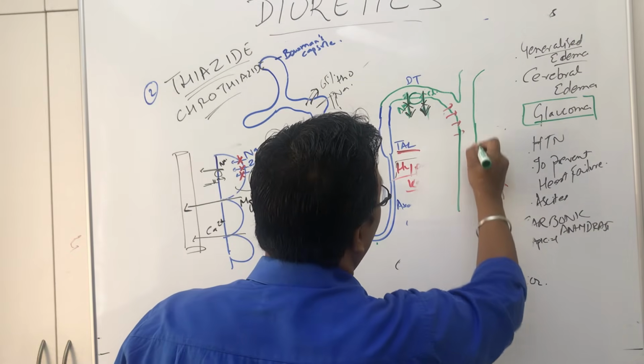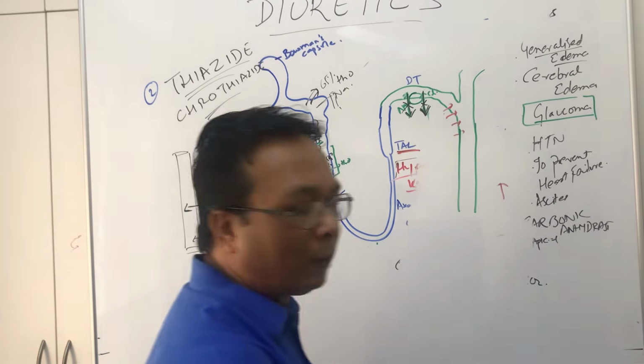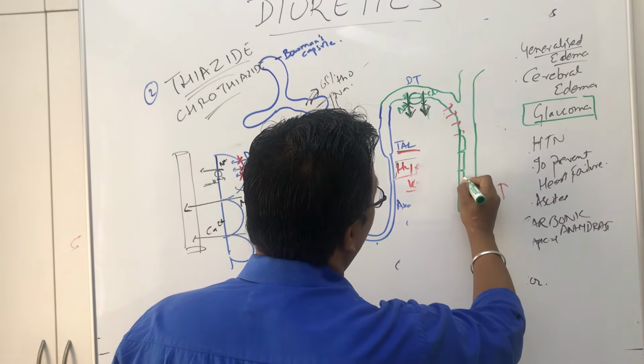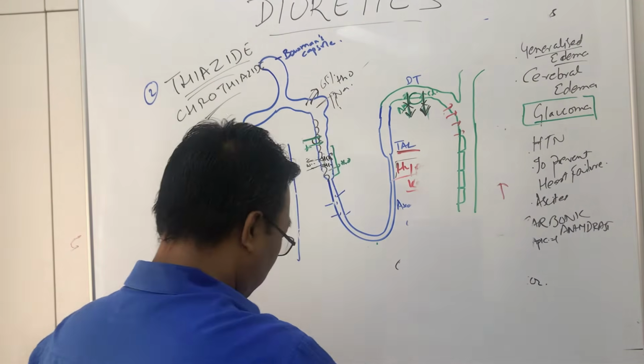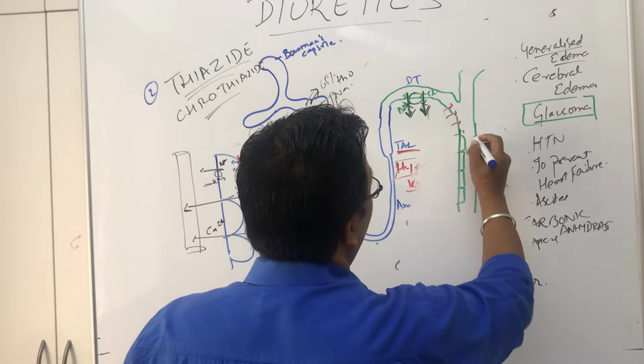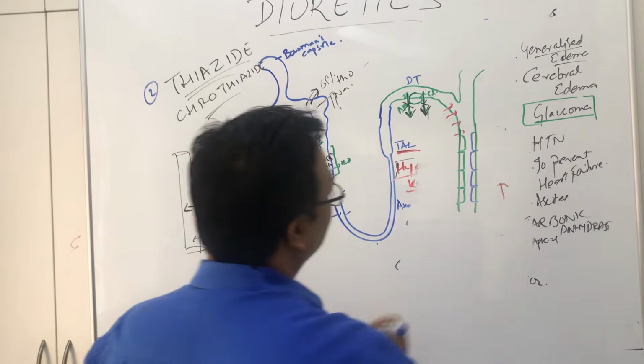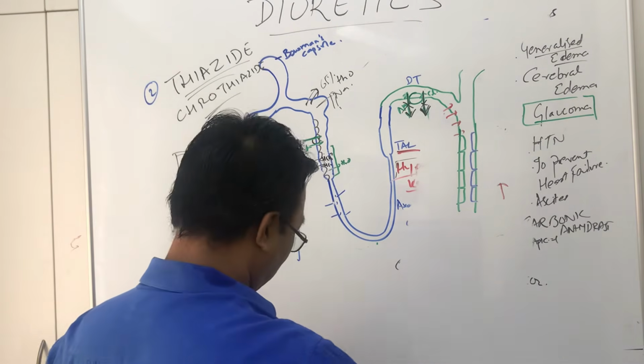So this is the collecting duct. In the collecting duct, there are 2 types of cells. One type is principal cells. Another type is called intercalated cells.